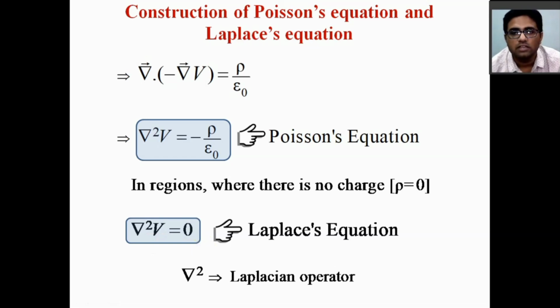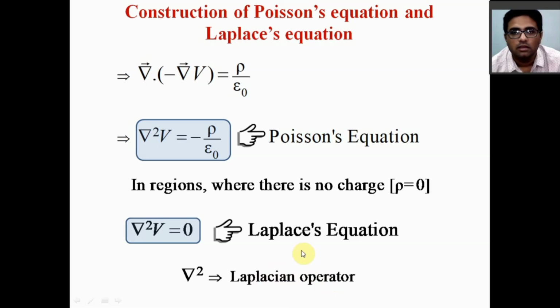The significance of this equation is that there may be plenty of charge elsewhere, but we are confining our attention to places where there is no charge, and we want to find the potential in that region. Here this del square is the operator called the Laplacian operator.